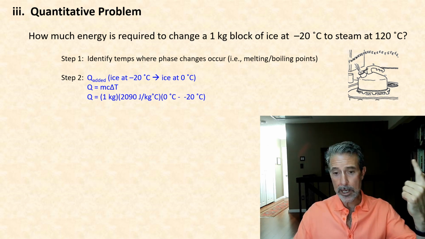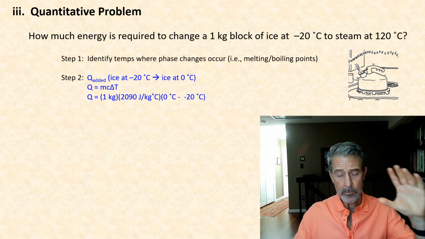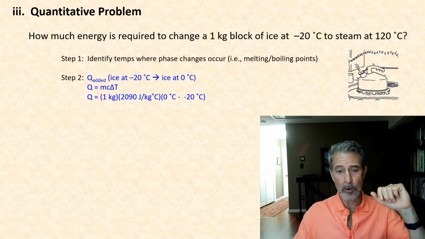By the way, I want to point out here that the specific heat capacity of ice is different from liquid water, which is different from gaseous steam, so you would look these up in a table. For ice, from the table, it's about 2090 joules per kilogram degrees Celsius.